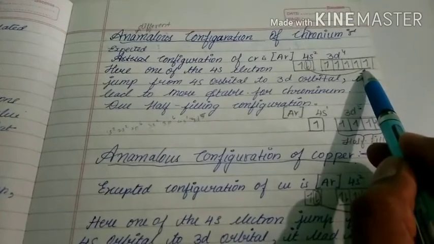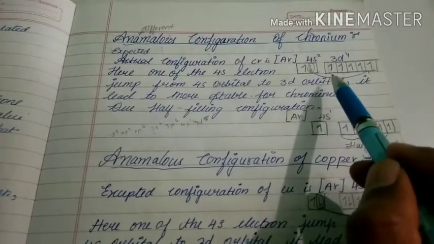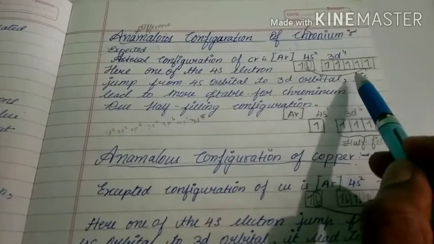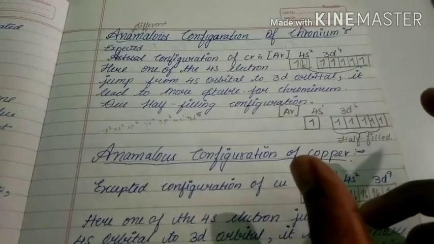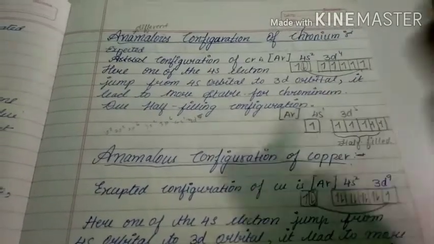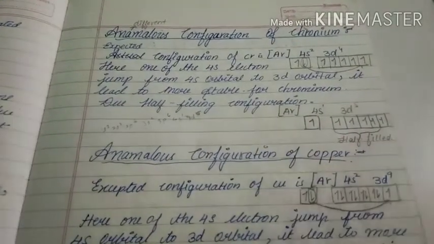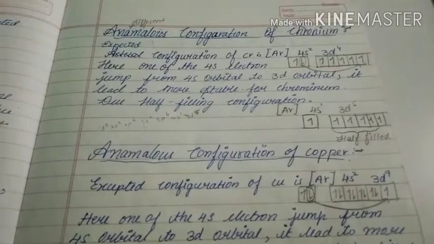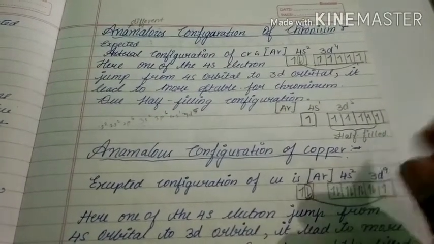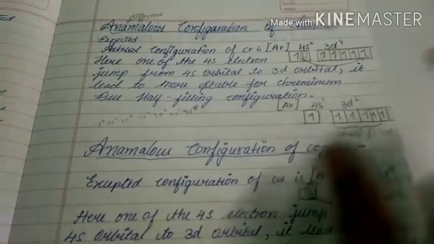In that case, the 3d subshell becomes half filled. Half filled means the subshell contains one electron in each orbital. If an atom has either a half filled or completely filled configuration, it will be more stable.